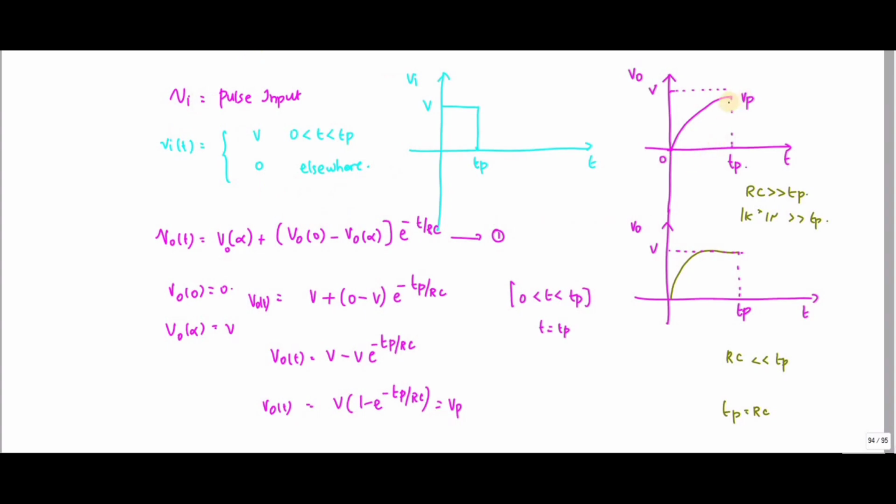After reaching this Vp, it starts to decrease. It starts to decrease in this manner. The similar case is for RC less than TP.